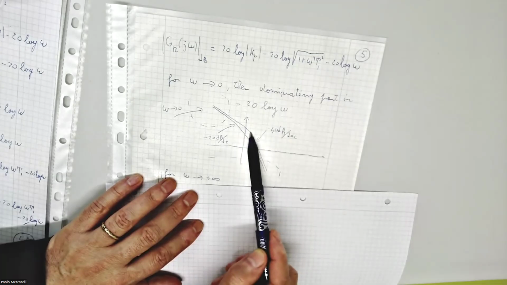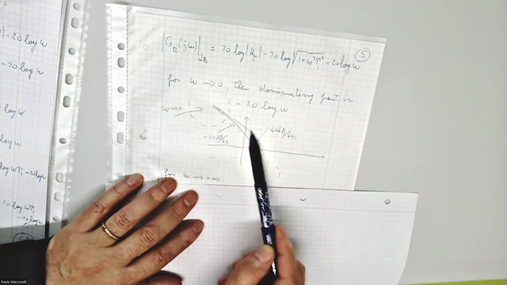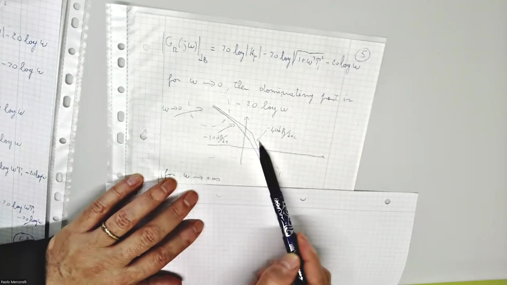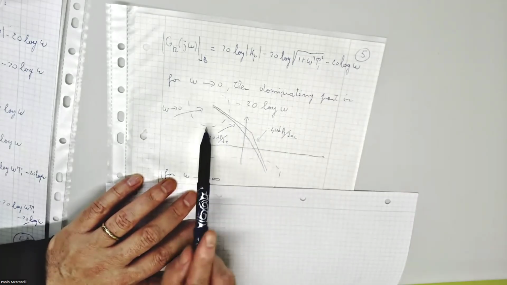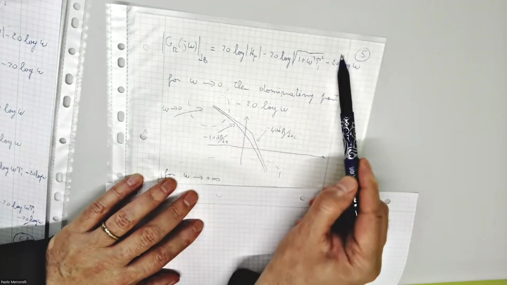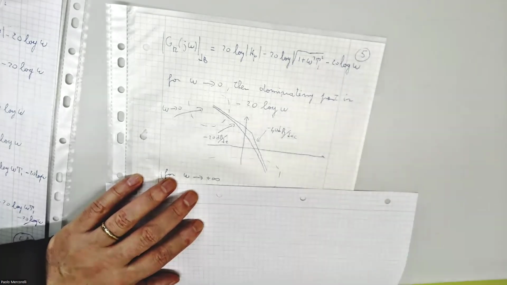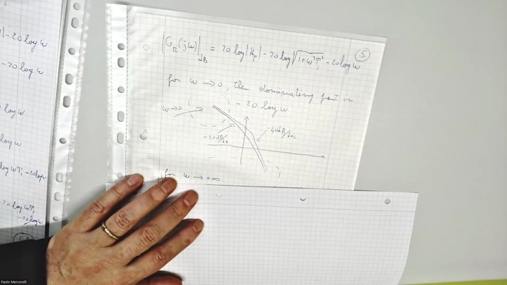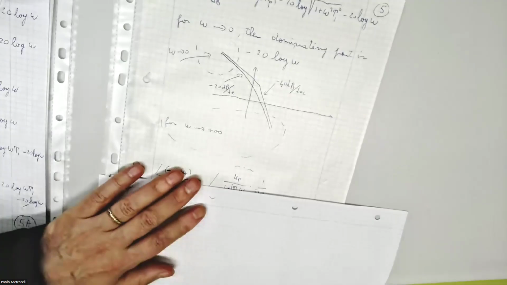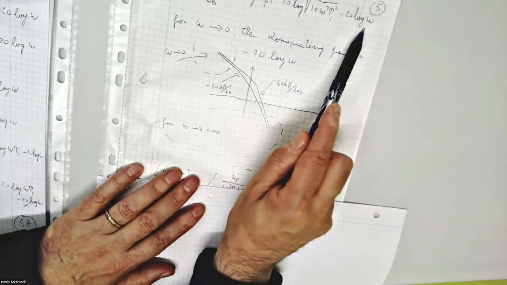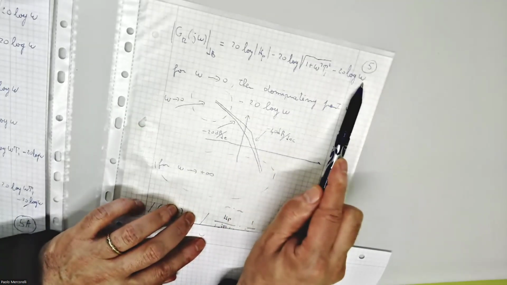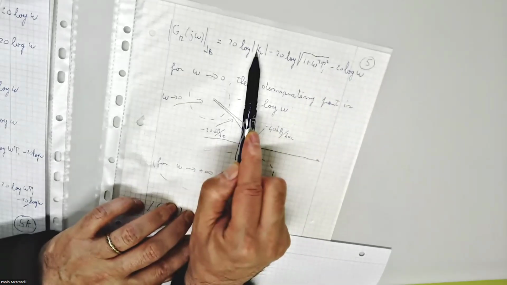This means I will obtain something that reflects this expression. For omega infinite, this and this will dominate, because this remains constant.